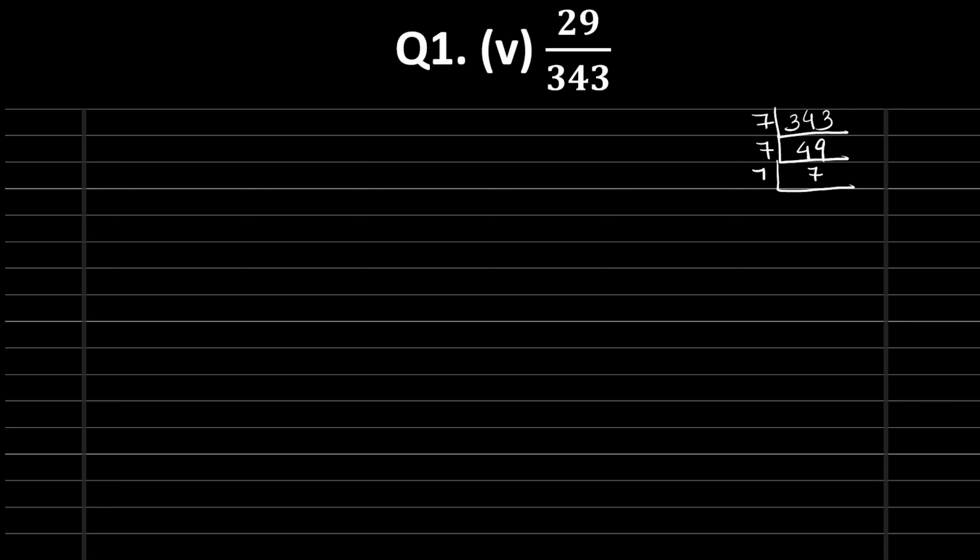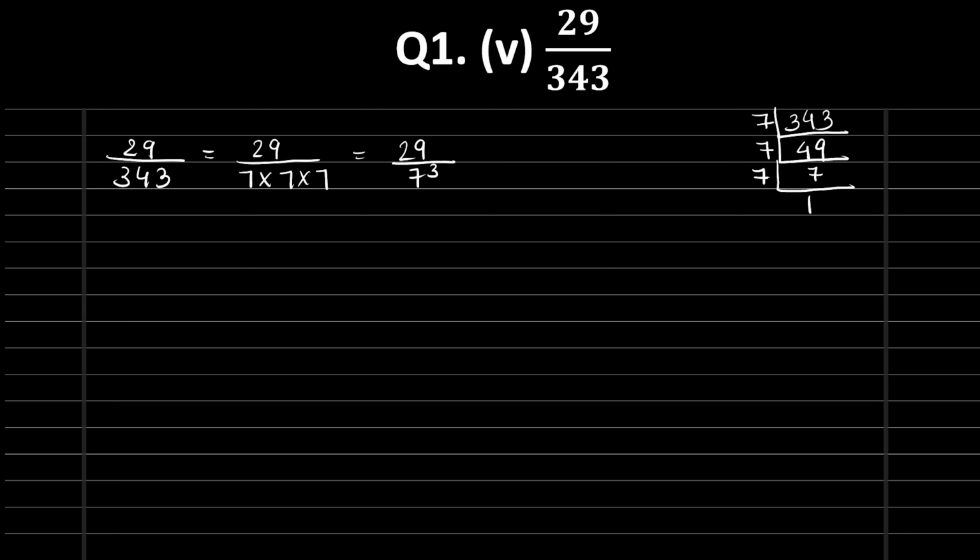Finally, dividing 7 with 7 will get 1 as a quotient. So, we can write down 29 upon 343. Here, the prime factorization of 343 has 7 into 7 into 7, which means it can be written as 29 upon 7 raised to 3.